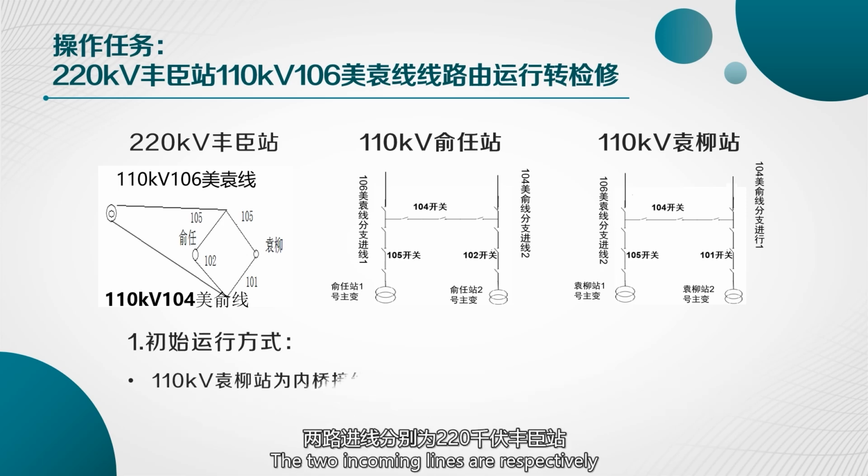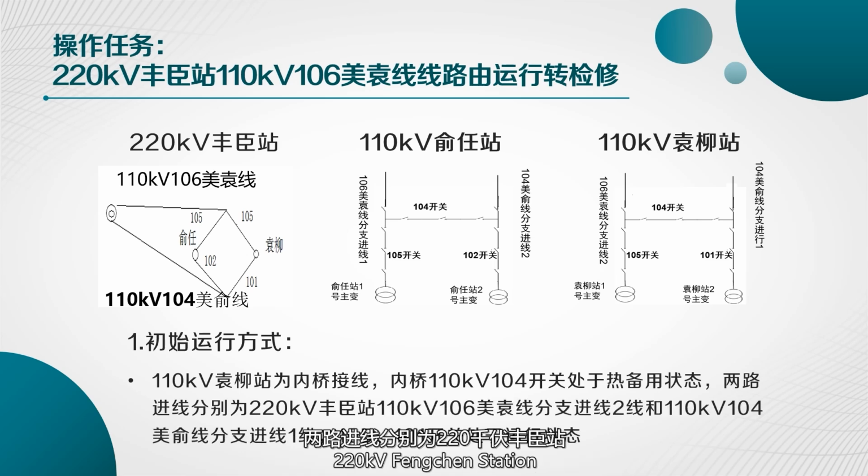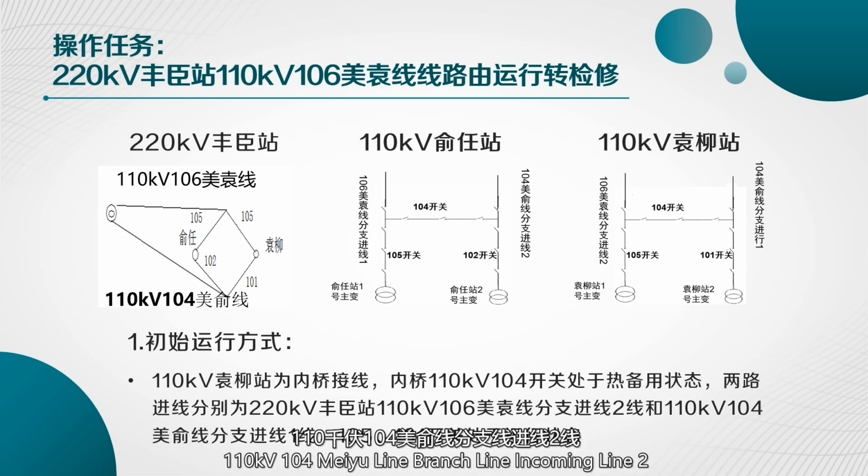The two incoming lines are respectively the 220 kV 丰城 station 110 kV 106 million line, branch incoming line 1, and the 110 kV 104 million line, branch incoming line 2. The 105 switch and 102 switch are in the running state.